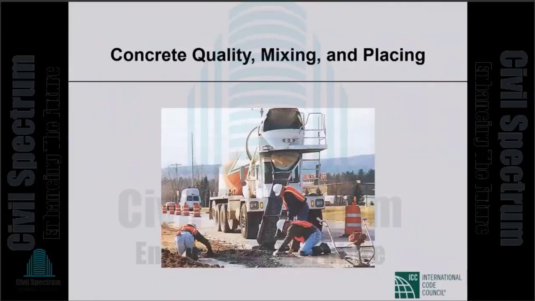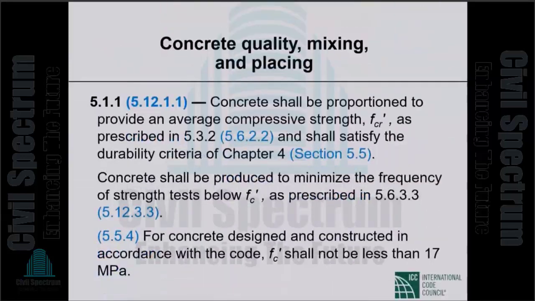Okay, concrete quality, mixing and placing. I think I'm beginning to run late, so some of this stuff probably. Anyway, concrete shall be proportioned to provide an average compressive strength. So if specified compressive strength is 20 MPa, whatever, you have to set a required strength that is higher than that.